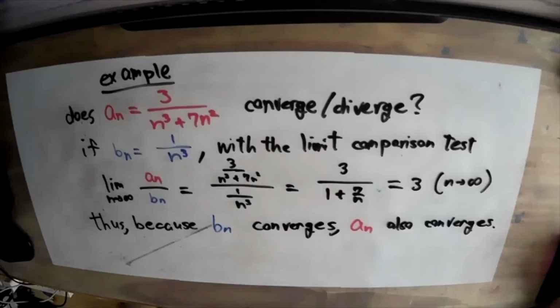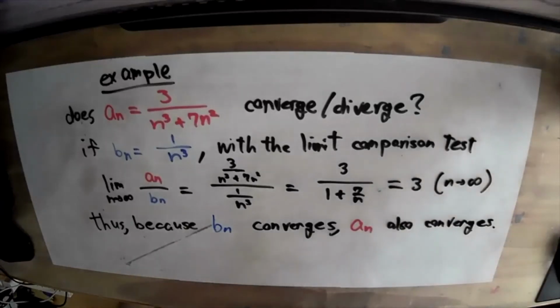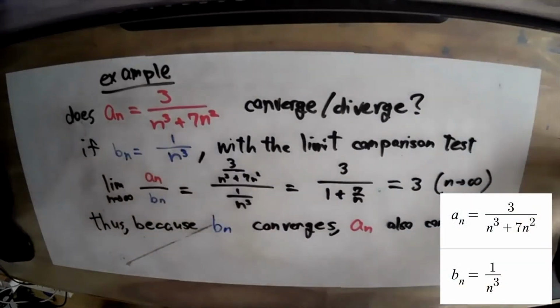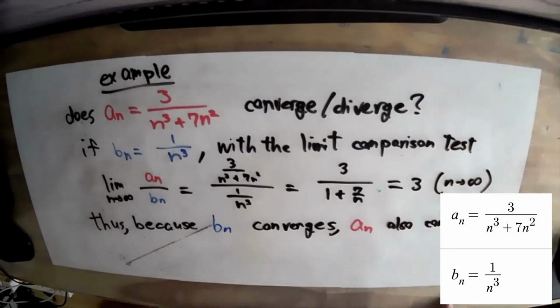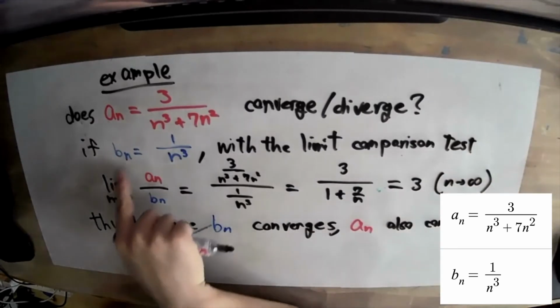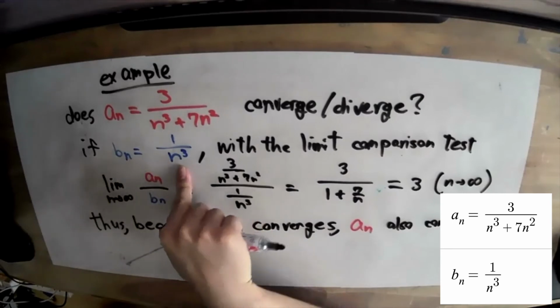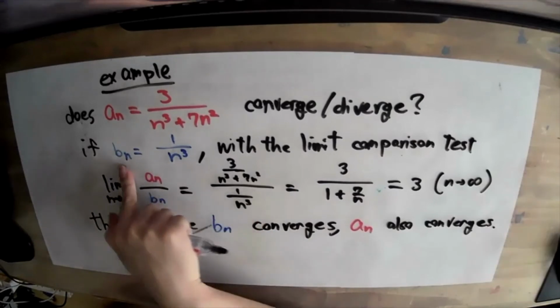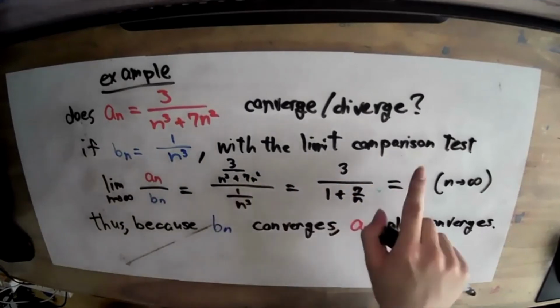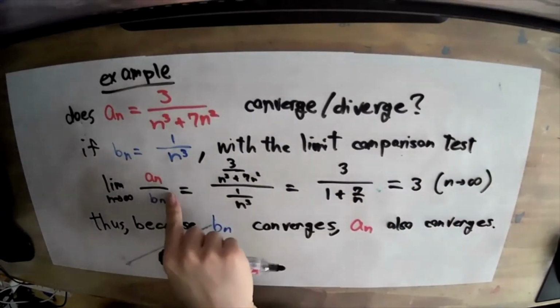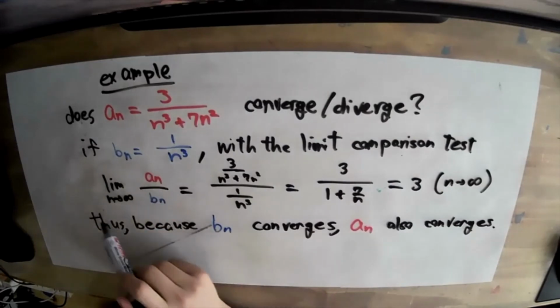So now let's just look at an example. Suppose we have a sequence An, which is equal to this, and we want to see whether An converges or not. Now, let's set Bn, which we will use for comparison, to 1 over n to the third power. If we use the limit comparison test, we can divide An by Bn, which is this.